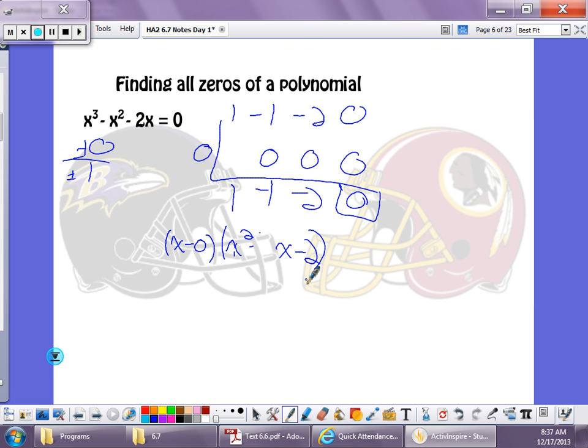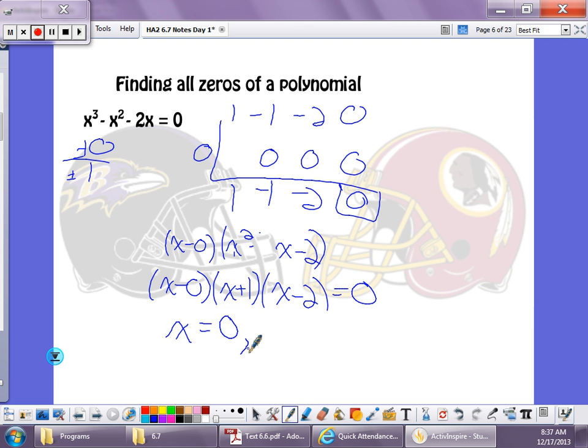And then I can factor that, and I'd get x minus 0, x plus 1, x minus 2. And then you just set this all equal to 0, and you'd get x equals 0, -1, and 2. And so we see we had a degree of 3, and we got 3 zeros.